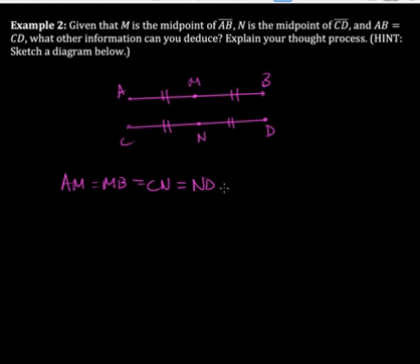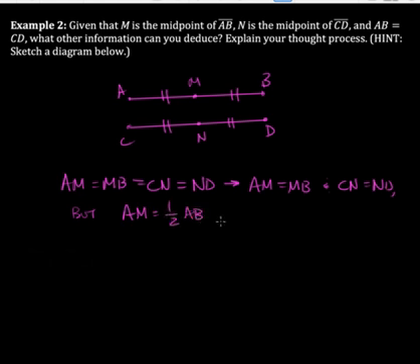Why? Because AM is equal to MB and CN is equal to ND. But AM is equal to half of AB. And AB equals CD.